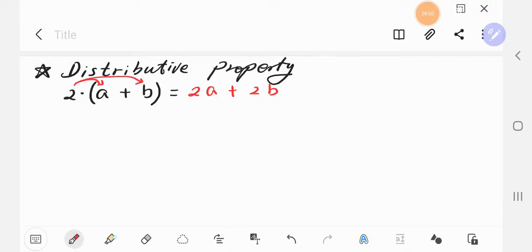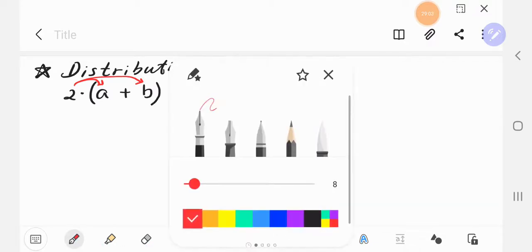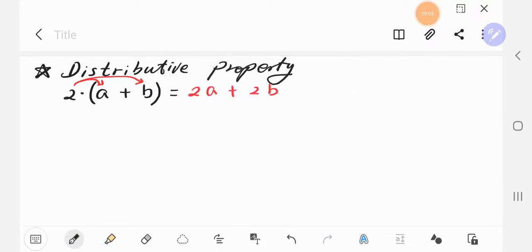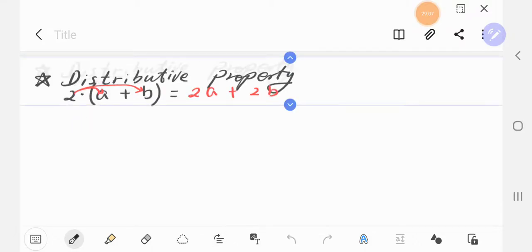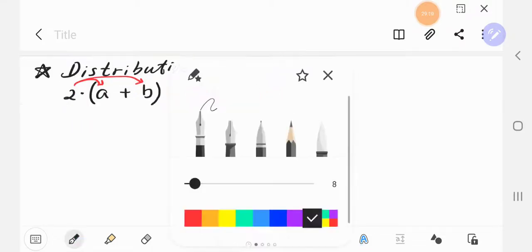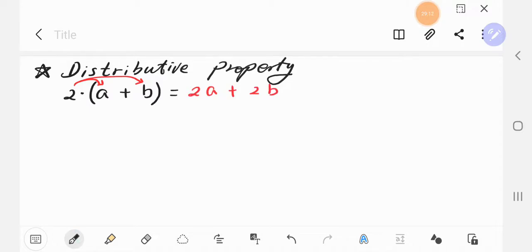So let's try more examples. Okay, here is 3 parentheses, and then 5a plus 4. In order to remove the parentheses, we have to use the distributive property. That means this factor 3 should be multiplied by what?